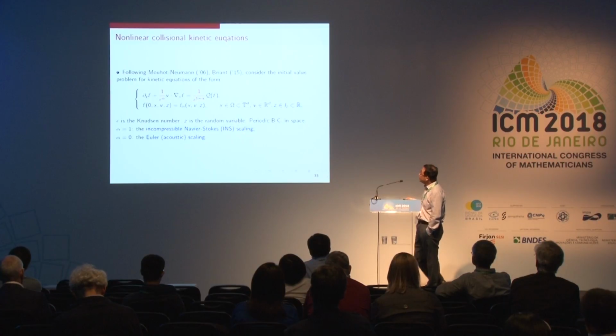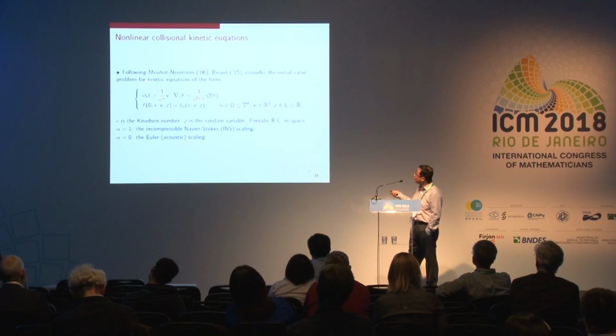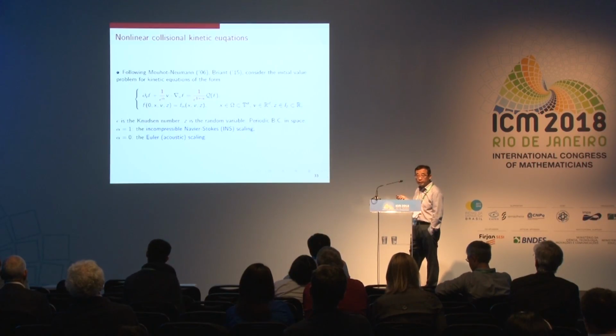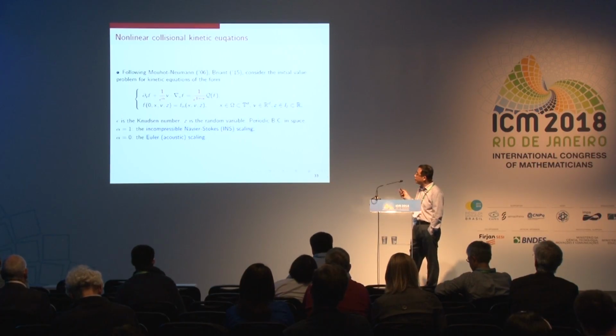So the idea is that I'm going to do it for general collisional kinetic equations. We basically follow the deterministic work by Mouhot and Neumann, a former PhD student. The idea is to create a general class of collisional kinetic equations. This is transport, this is collision, which can be Boltzmann, Landau, and many different kinetics.